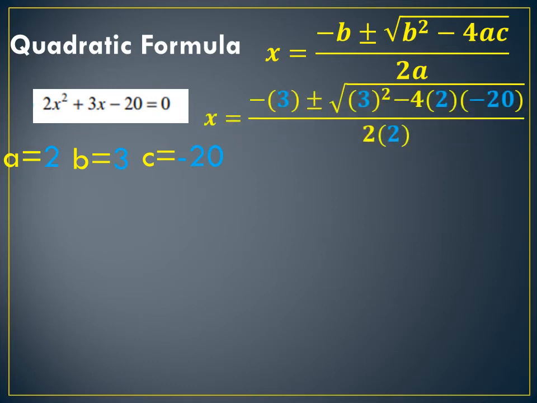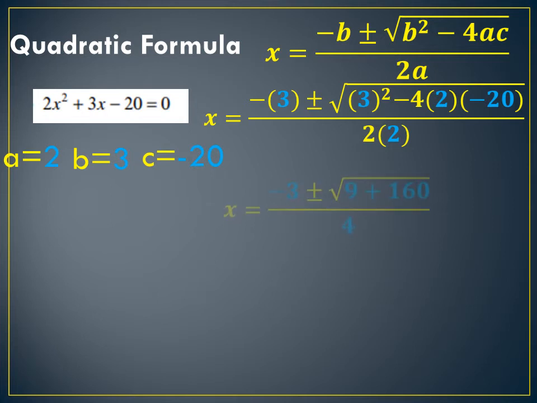So you have x equals negative 3, substitute 3 to your b, positive or negative square root of, again, 3 for b, squared, minus 4 times 2 for a, times negative 20 for c, all over 2 times 2 for a. So we substituted 2, 3, and negative 20 in the quadratic formula.